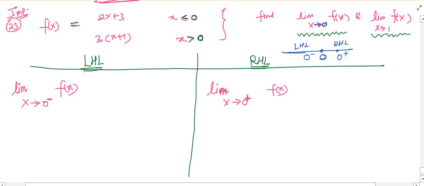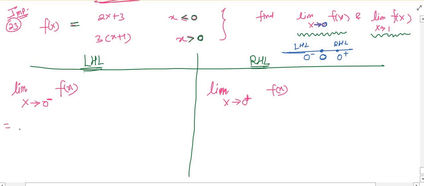0 minus means a little bit less than 0. Which definition should I take? This one or this one? See, 0 minus means just very close to 0 but on the left hand side, a little bit less than 0. So I should take the first one, clearly.